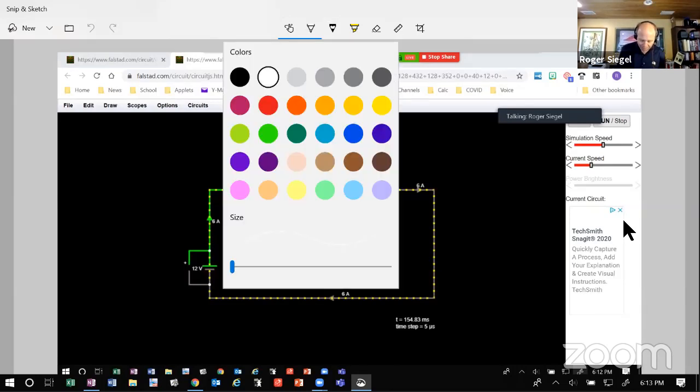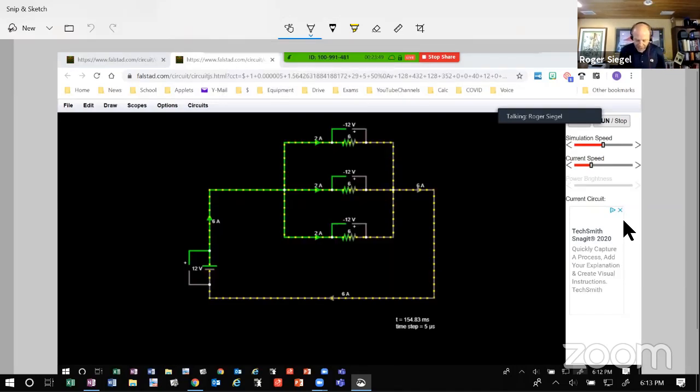All right, that's what we need. Great. And so let's take a trip around one of these loops. And so here we've got a 12-volt gain. So that's plus 12. And then I come around here. And now look, I have a 12-volt drop.